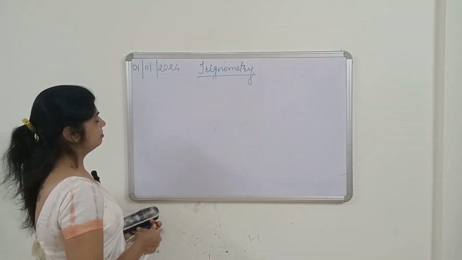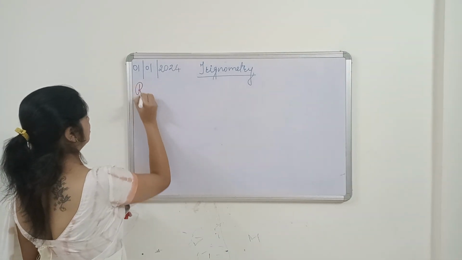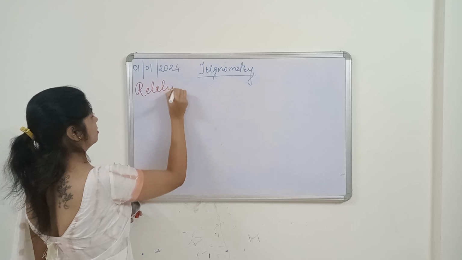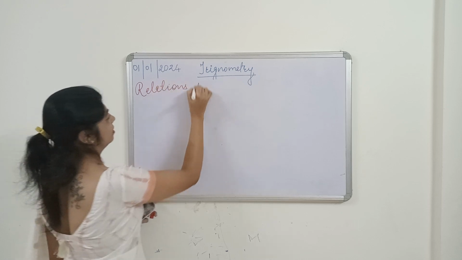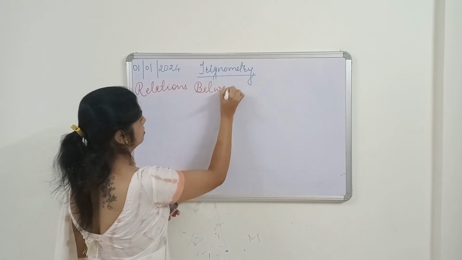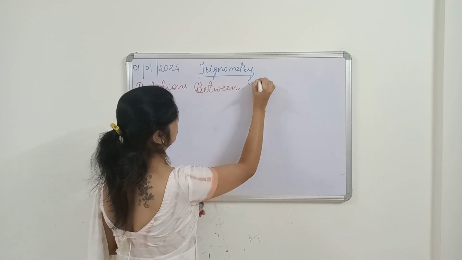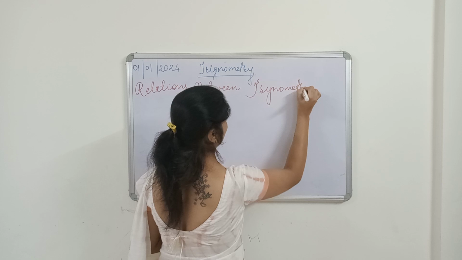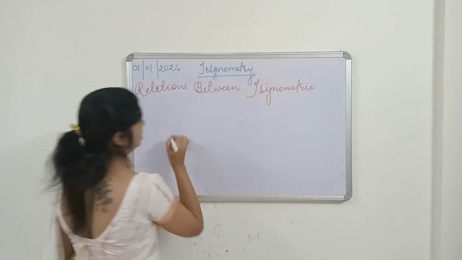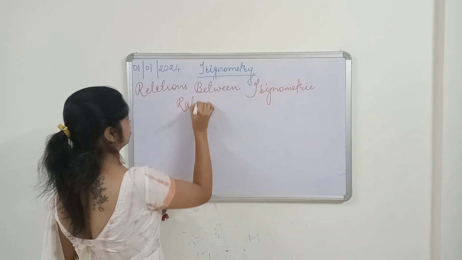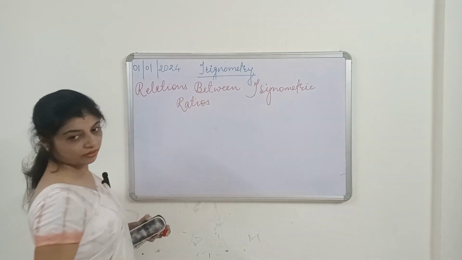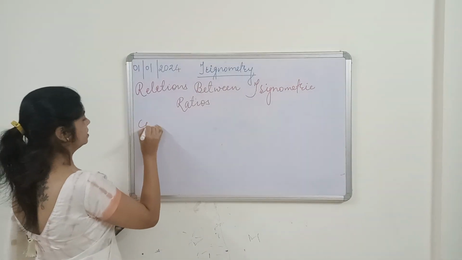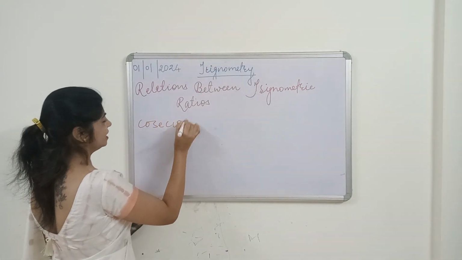Now, relations between trigonometric ratios. So, what is cosec theta?